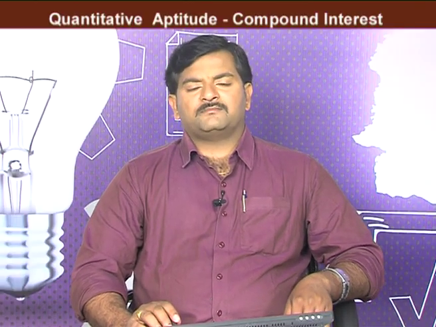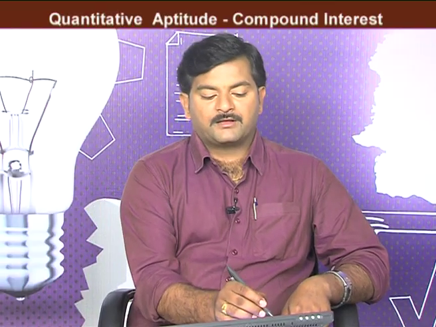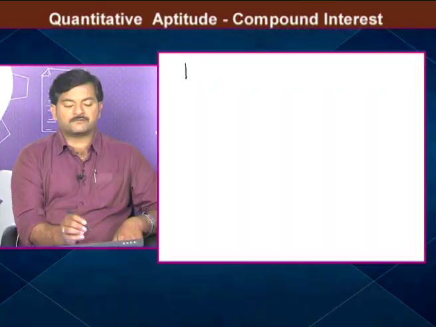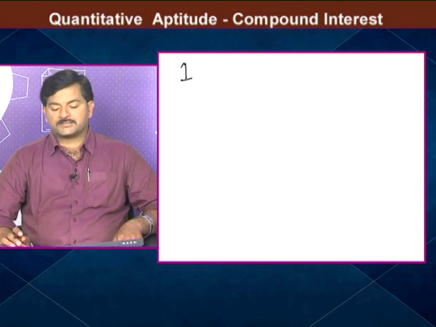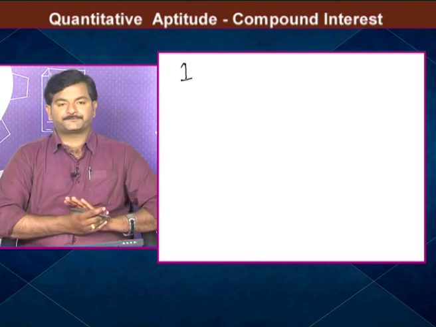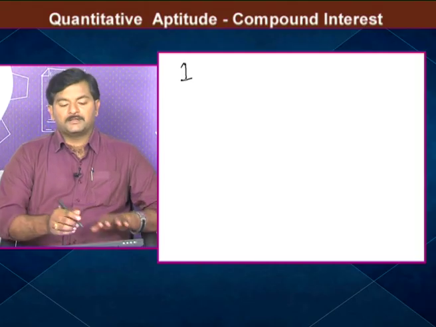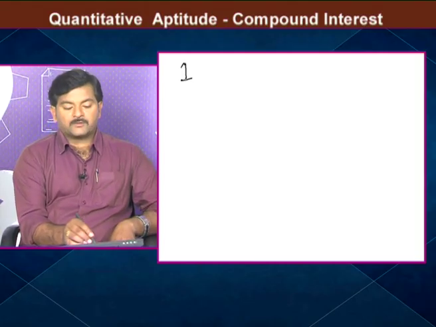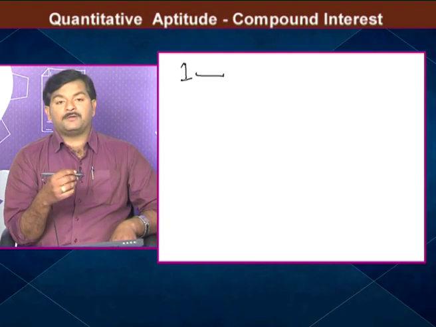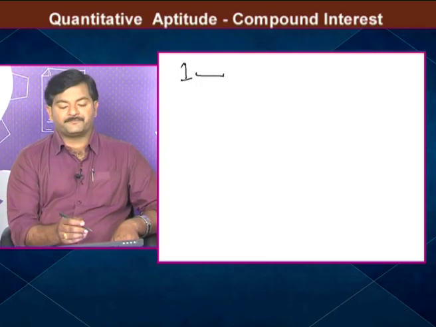There is one small logical trick also. By using that trick we can solve this. For our simplicity, for example, a person borrowed only 1 rupee. This borrowed 1 rupee will be doubled in every 15 years.